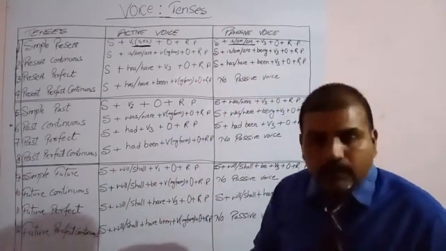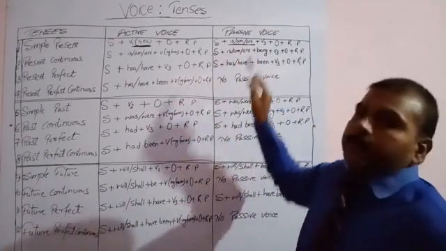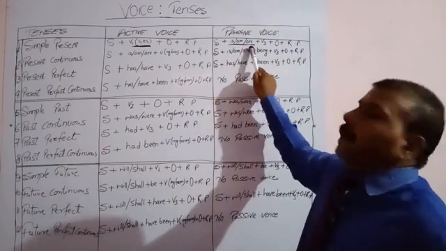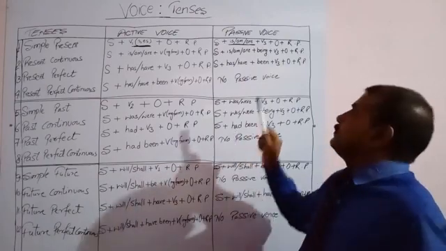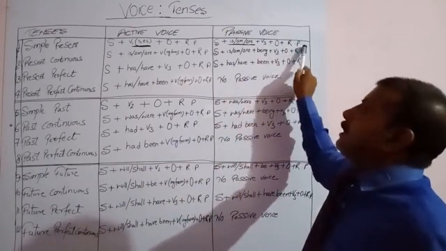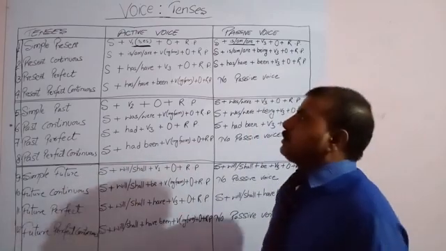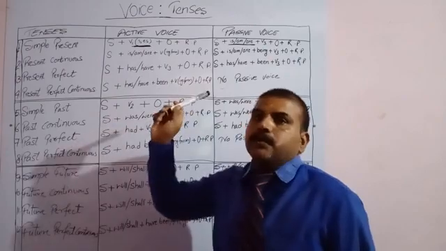If the subject is I, we use am. If the subject is plural or you, then we use are. After that, verb third form, then object, then the remaining part of the sentence. So let's check what the difference is between these two.